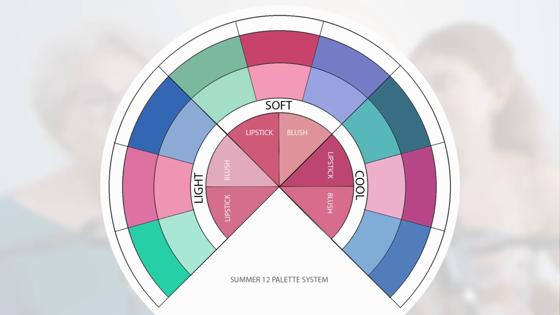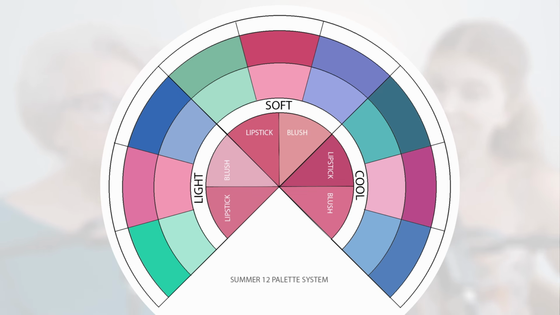We were teaching you systems that were foundational to getting to the 12 palette system or the 16 palette system. And you'll see that here. As we're looking at this overall summer palette divided up into 3 dominant characteristics, light, soft, and cool, you'll see that while the colors aren't wildly different, they're nuanced.